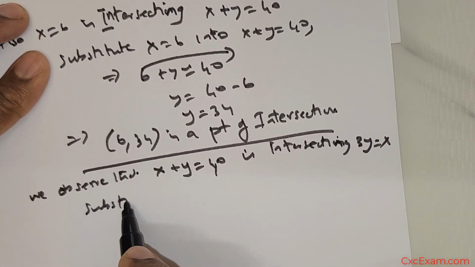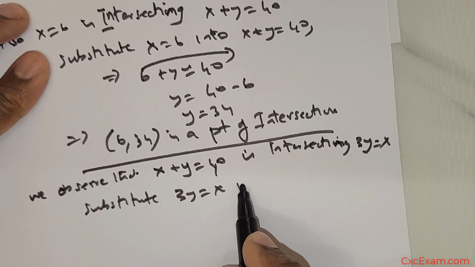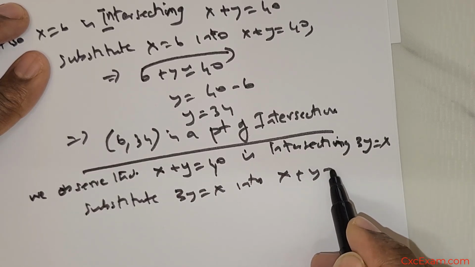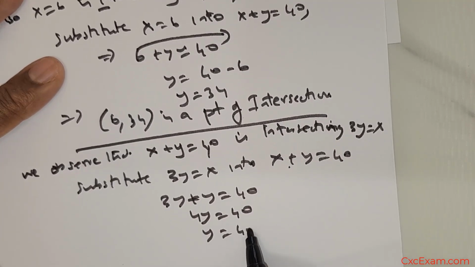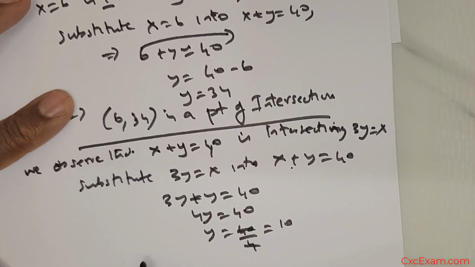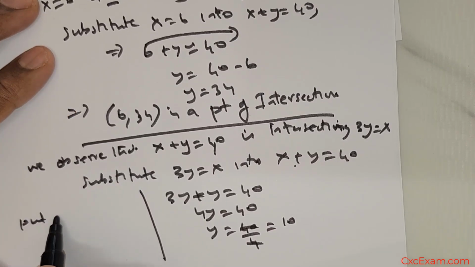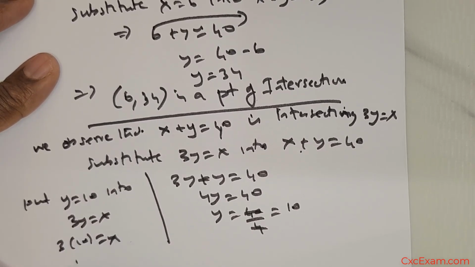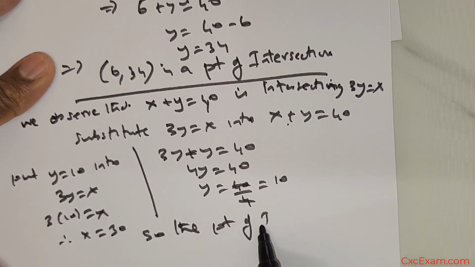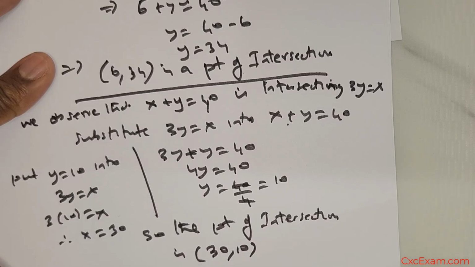So substitute 3y = x into x + y = 40. So you get 3y + y = 40, which means 4y = 40, which means y = 40/4, which means 10. So what I'm going to do is put y = 10 into 3y = x. So 3 of 10 is equal to x, therefore x = 30. So the point of intersection is (30, 10).